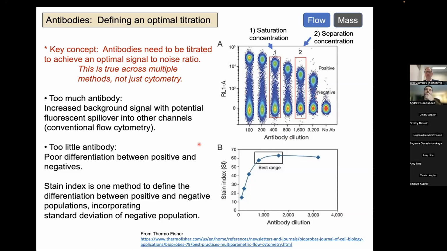And so there are various approaches toward defining the optimal antibody titration, generally focusing on a separation concentration, which allows robust distinction between the positives and negatives. But you can also use numeric values such as a stain index, which are present in many flow cytometry software packages.